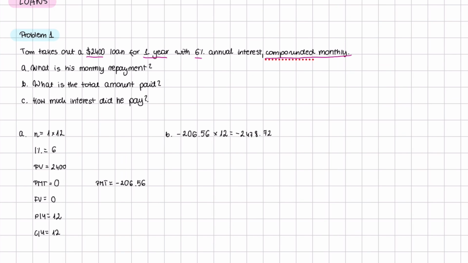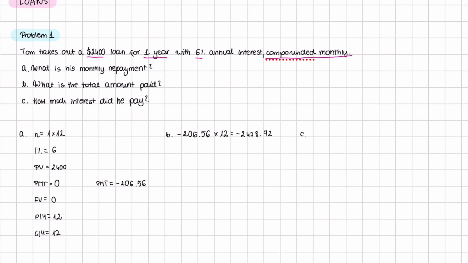So it equals to minus 2,478 and 72 cents. So the total amount that he has to pay is $2,478.72. And of course, it's a higher amount than he borrowed, because we know that we have to repay our loan with interest, so it's higher.